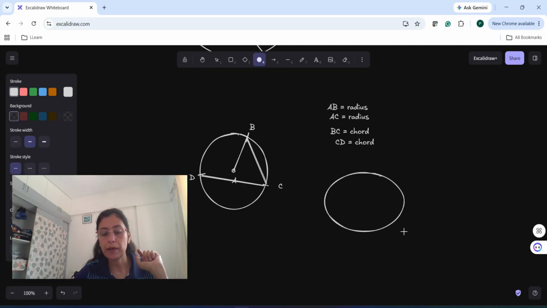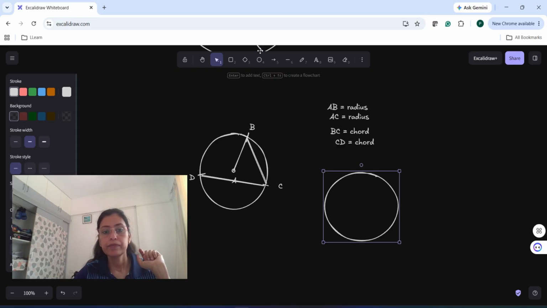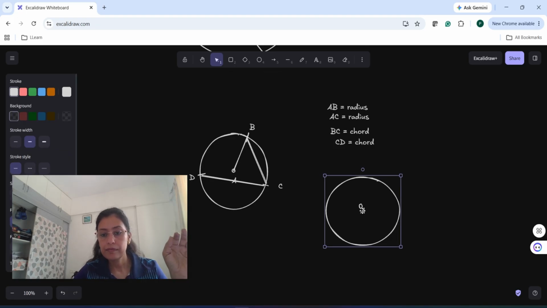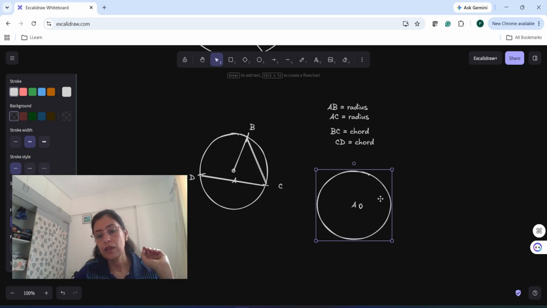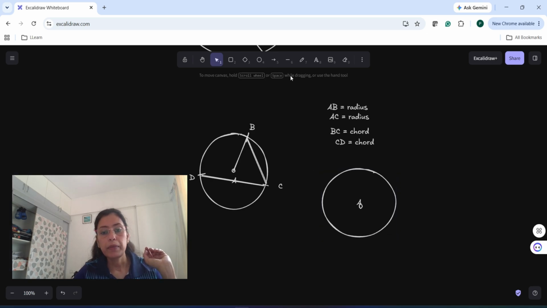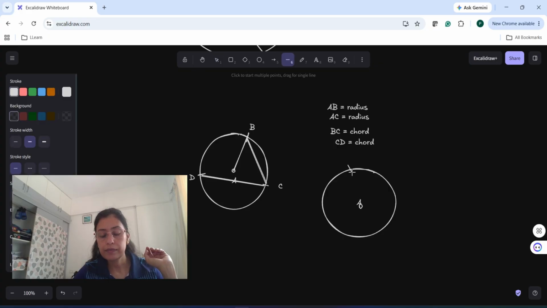Now, for example, I have a circle here. This is the center of the circle, I call it A. Okay, now I make a chord. This is one point on the circle, this is another point on the circle.